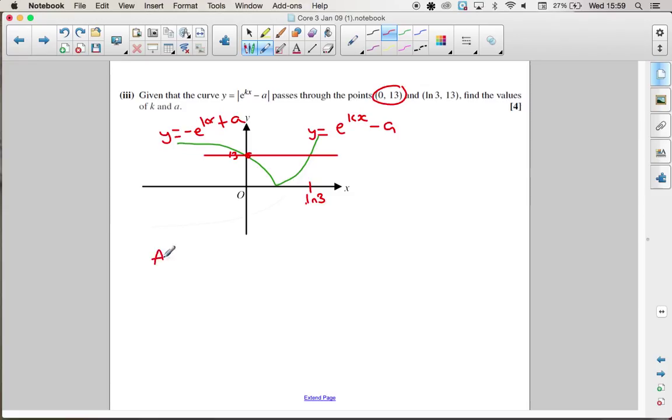So at (0, 13), we've got that 13 equals minus e to the k times 0 plus a. We hopefully know that e to the 0 is 1, so we've got minus 1 plus a equals 13, and if I add 1 on, that will tell me that a equals 14.